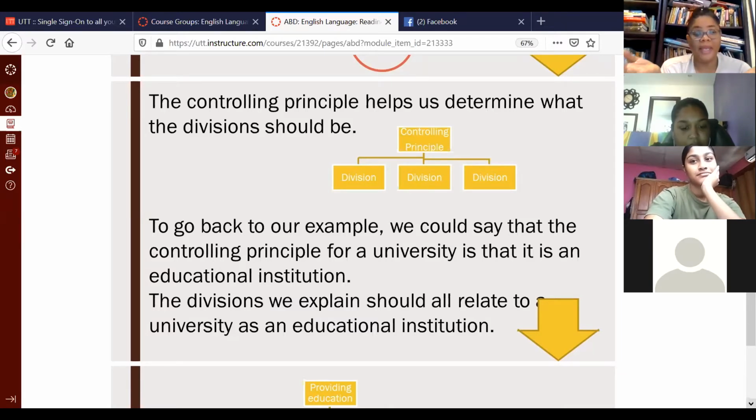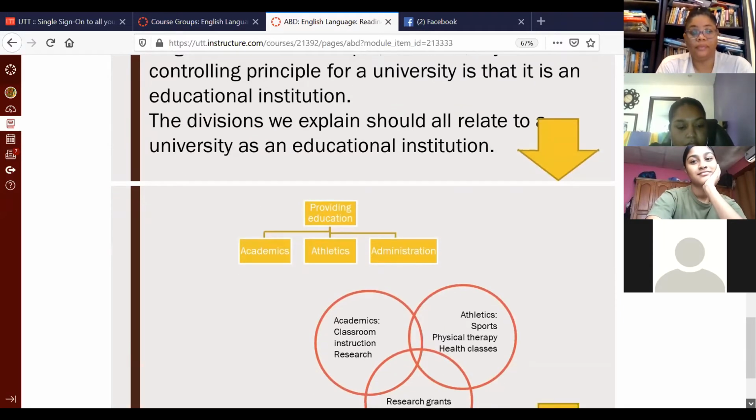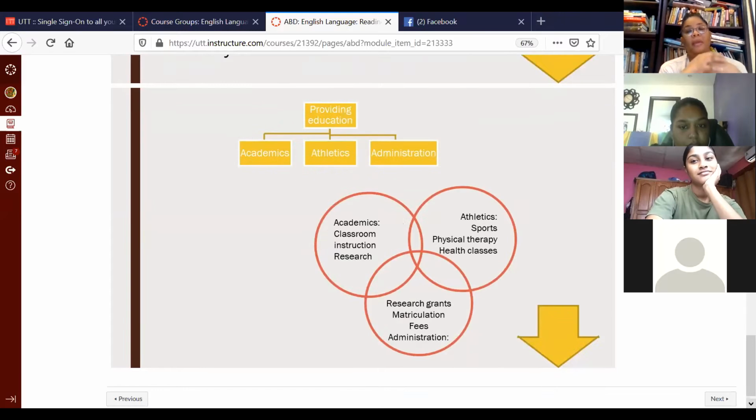So if we say university is an educational institution, and I expand education not just to mean books and lectures, but also cultivating a habit of investigating, analyzing the world around you, right? The divisions we need to find should all relate to the idea that the university is an educational institution, right? So we have three main divisions we could look at then for a university.